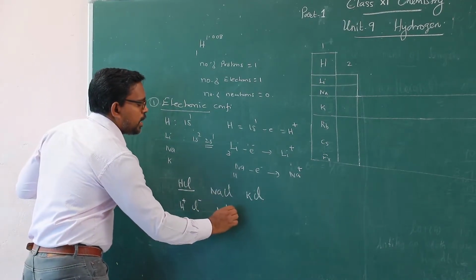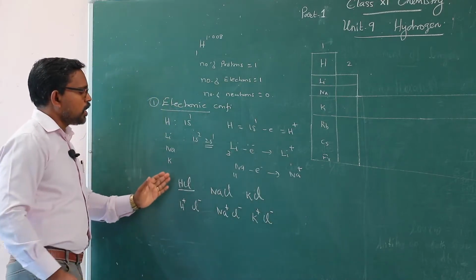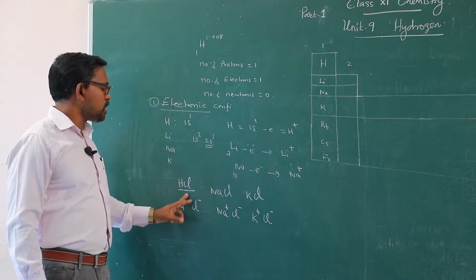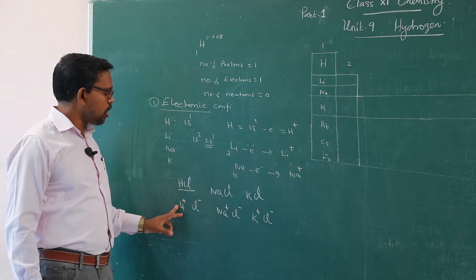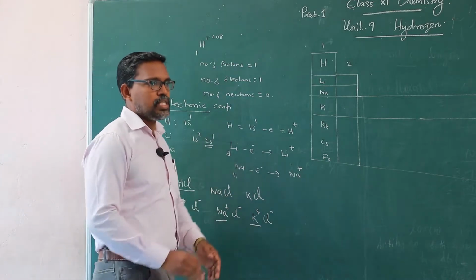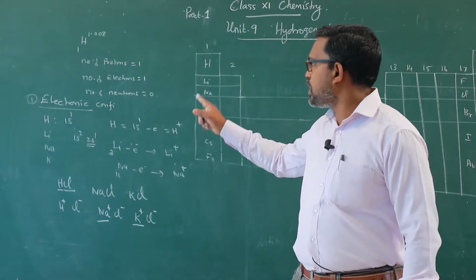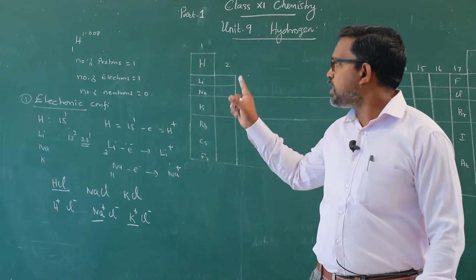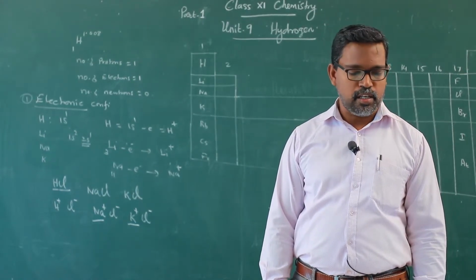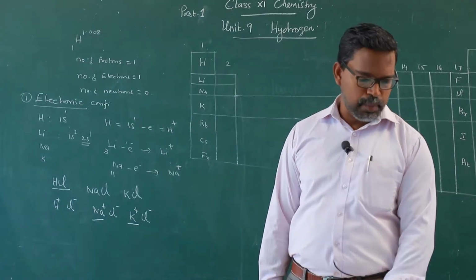Similarly, Na plus Cl minus, K plus and Cl minus. So, in all these compounds hydrogen exists in the +1 oxidation state like that of alkali metals. So, this is the similarity. In electronic configuration, electropositive nature, valency and oxidation state, in all these respects hydrogen resembles the alkali metals.